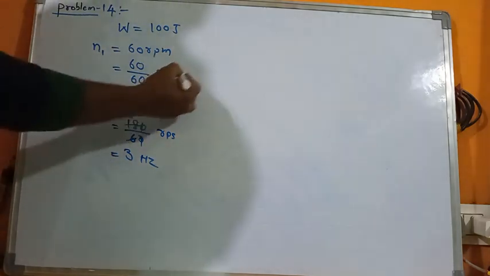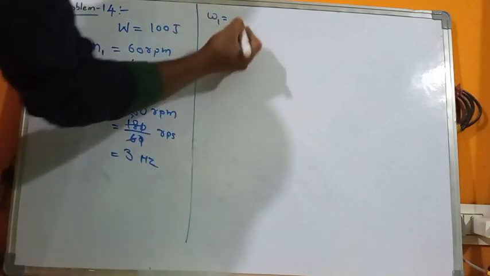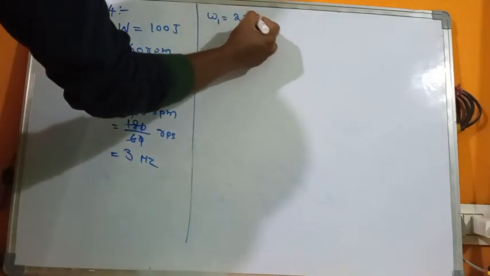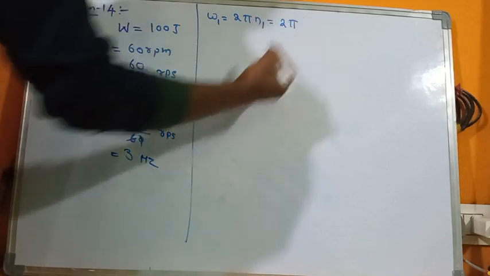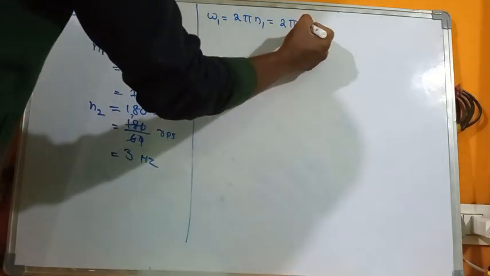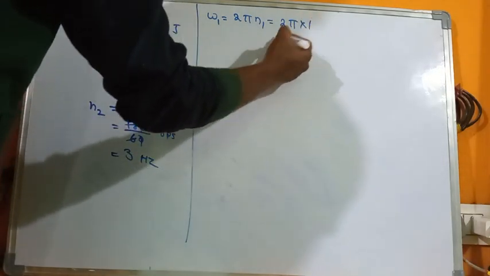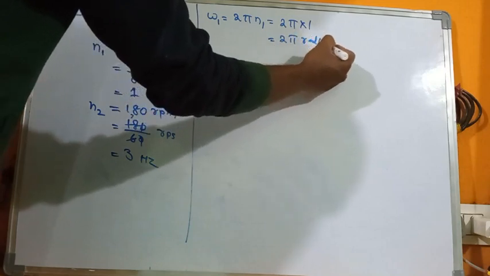From this, omega 1 is equal to 2 pi n1, and n1 is equal to 1, so it is equal to 2 pi radians per second.